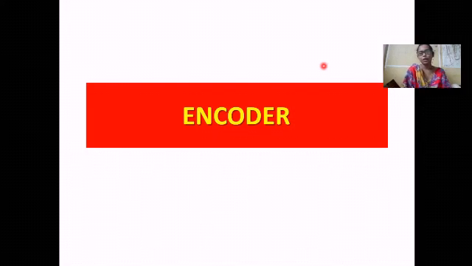Next we learned about the basic gates, mainly AND, OR and NOT gates. Next we learned about the universal gates, that is NAND and NOR. Next is the exclusive gates, that is XOR and XNOR gates.